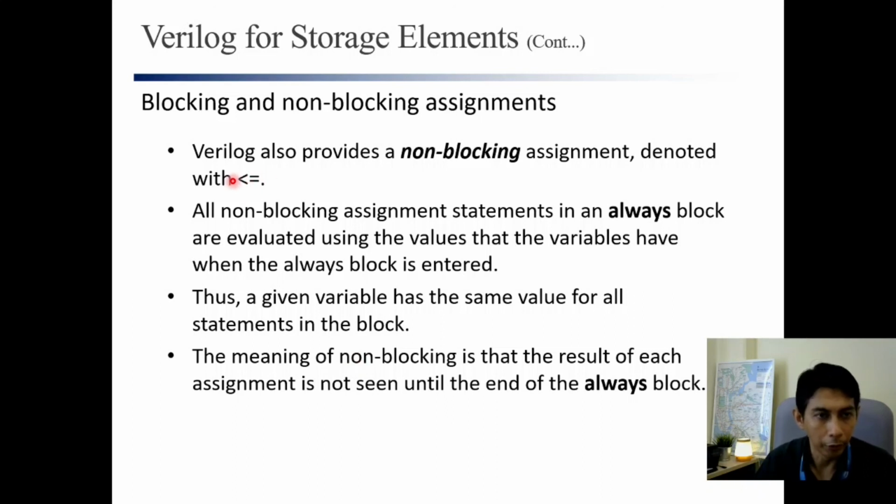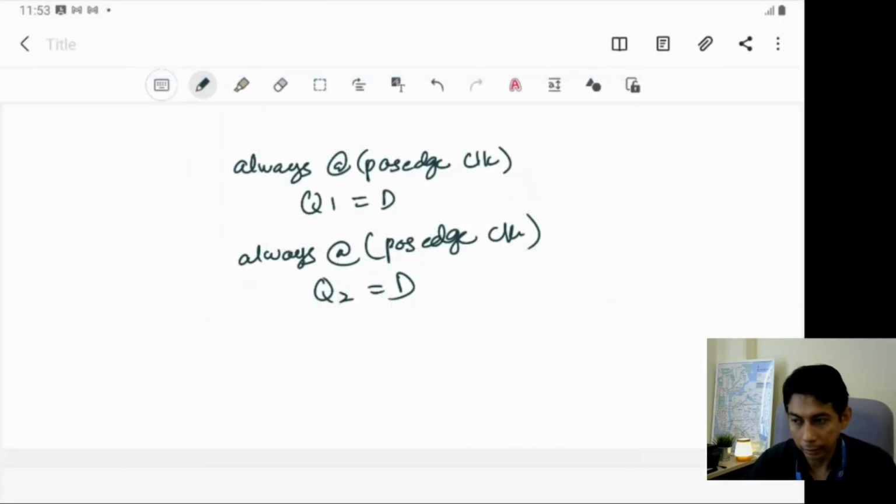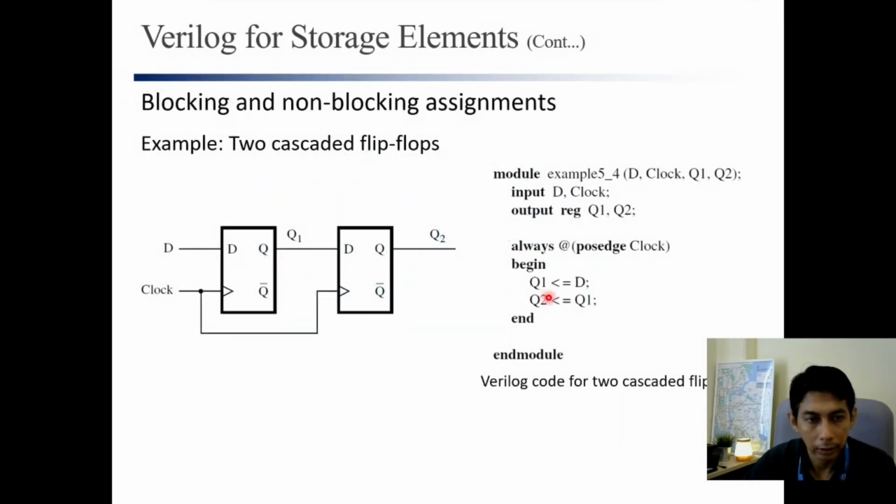When we use non-blocking assignment like this, the Verilog compiler will treat every statement separately, just like we wrote it. When we do this, we will get this result when we synthesize our circuit.